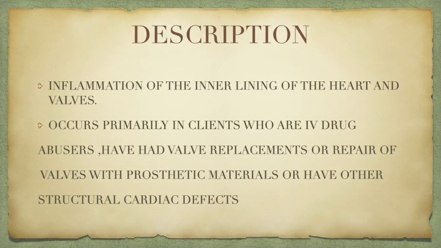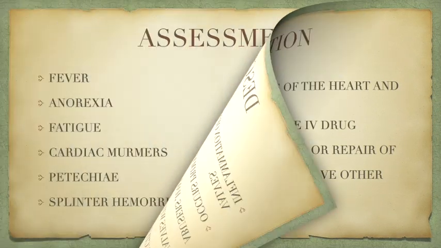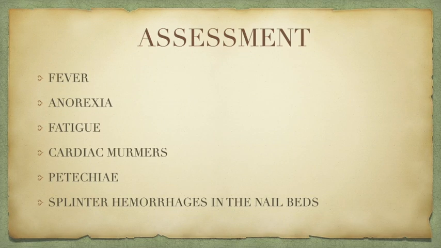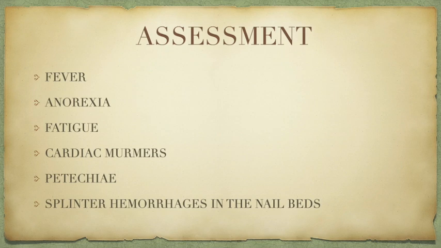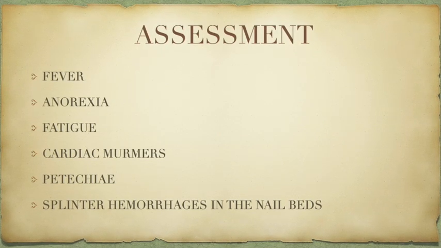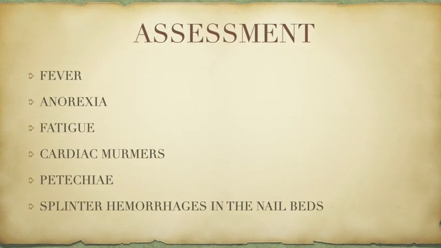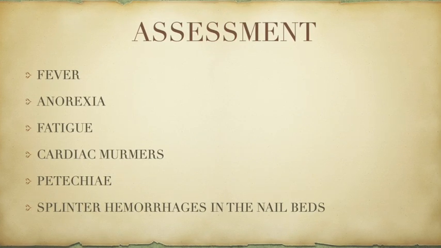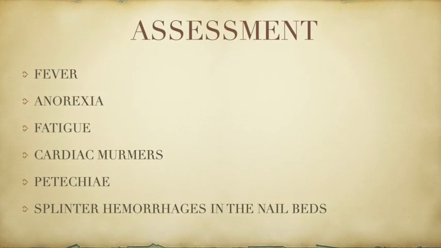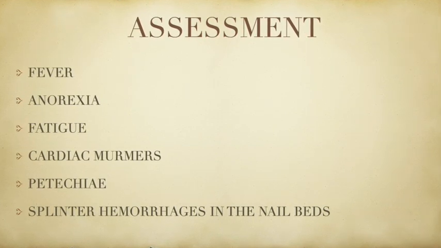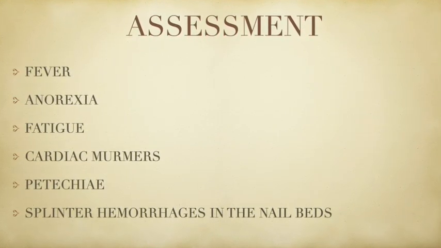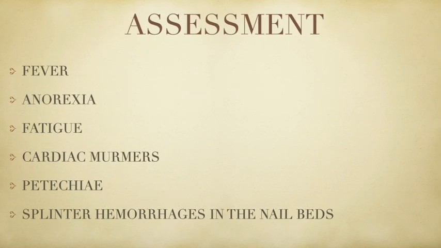Moving to the assessment, itis means inflammation, so definitely fever will be there, anorexia, fatigue, and cardiac murmurs. This condition is related to the heart, so definitely cardiac murmurs will be there. The cardinal features of endocarditis are splinter hemorrhages, Osler's nodes, and Janeway lesions.